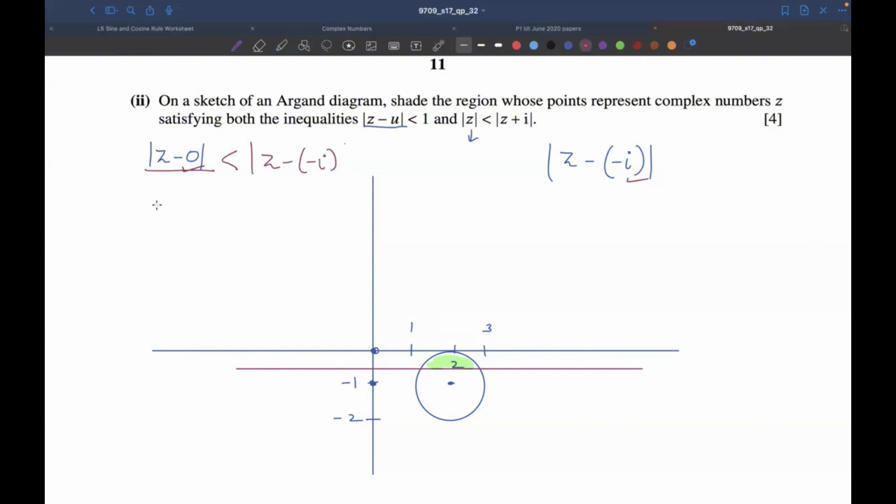Using the concept of vectors, when we write AB, that means b minus a, or we are going from a to b. So when it says z minus origin, it means from z to the origin. So z must be somewhere above this line as the distance is lesser than the distance of z from this point.